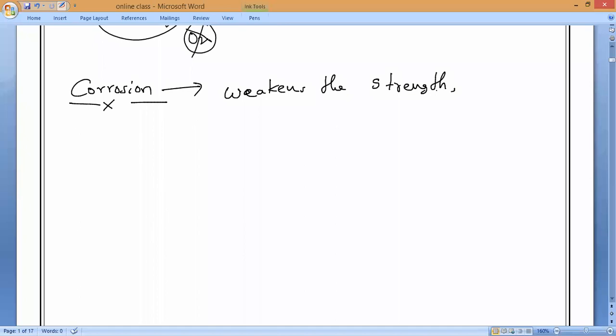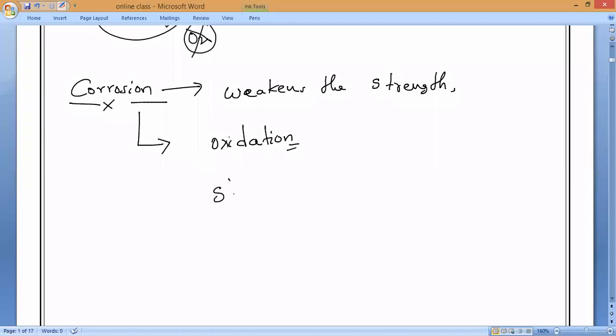So is corrosion an oxidation or a reduction process? Corrosion is an oxidation process. Actually, it is a redox reaction. So when iron or another metal is oxidized, what happens?